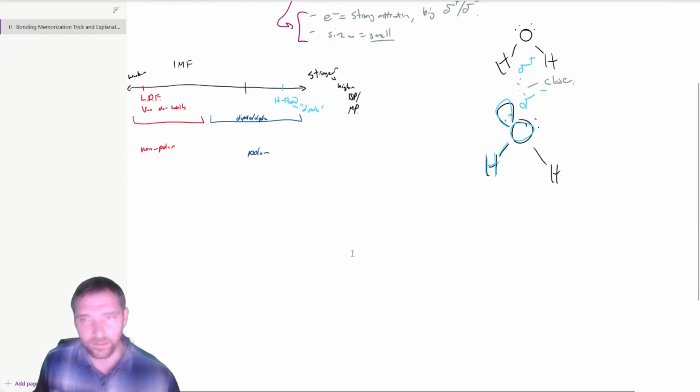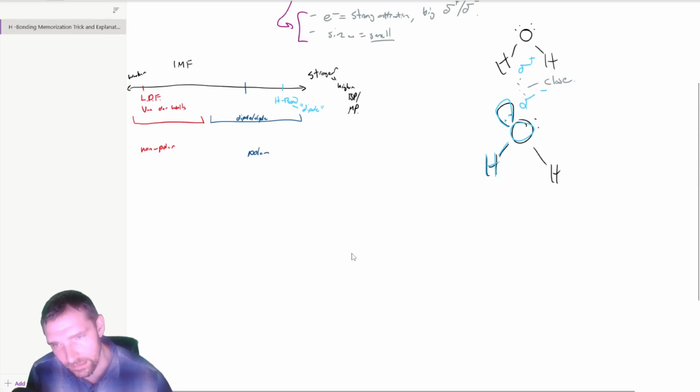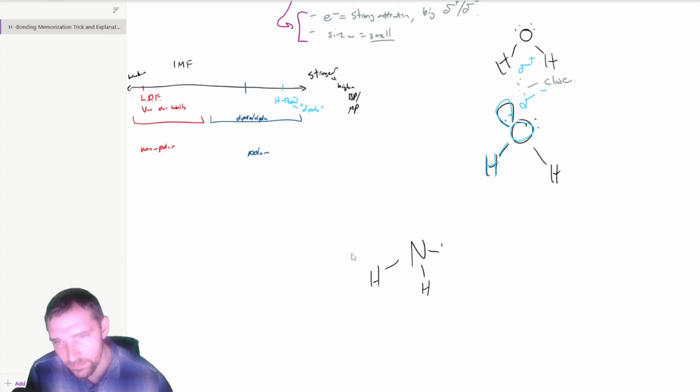So we can look at other things like the classic example of NH3. It is capable of doing H bonding because we're seeing something very negative next to something very positive. They're very, very small. So they could hydrogen bond with another thing like itself, like if you've got another NH3.